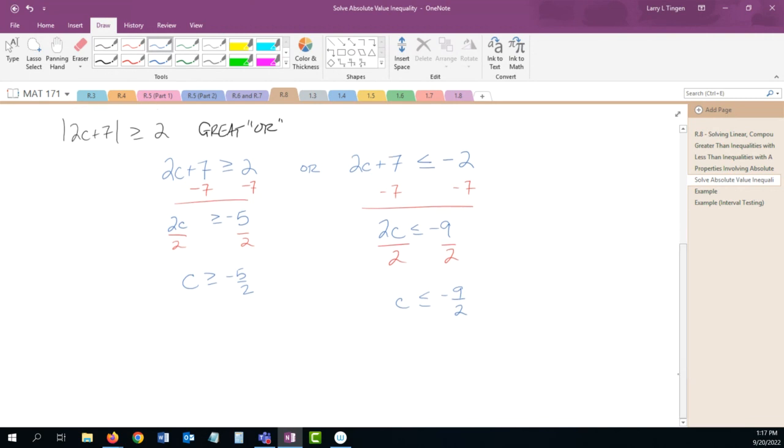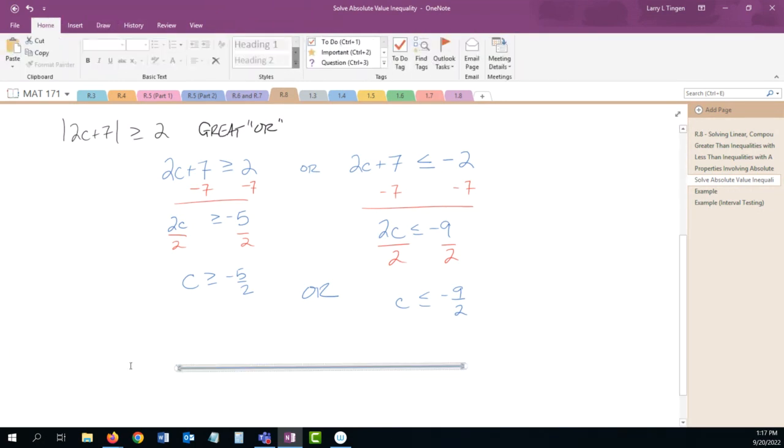All right, so here I am. C is greater than or equal to -5/2, or C is less than or equal to -9/2. Let's take a look at this on the number line. In order to do it, we're going to have to think about fractional negative numbers, which can be very difficult.